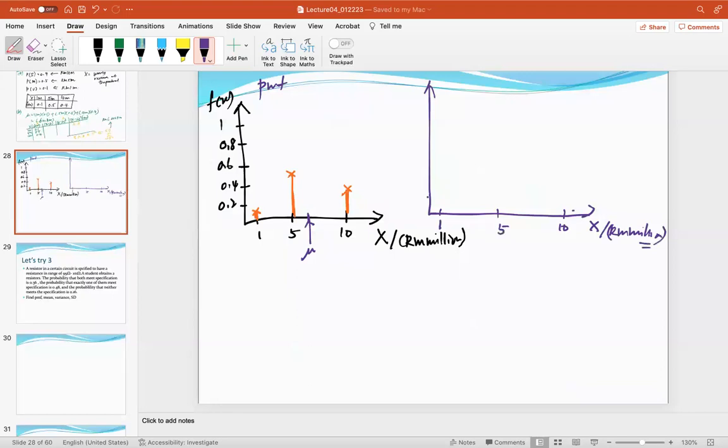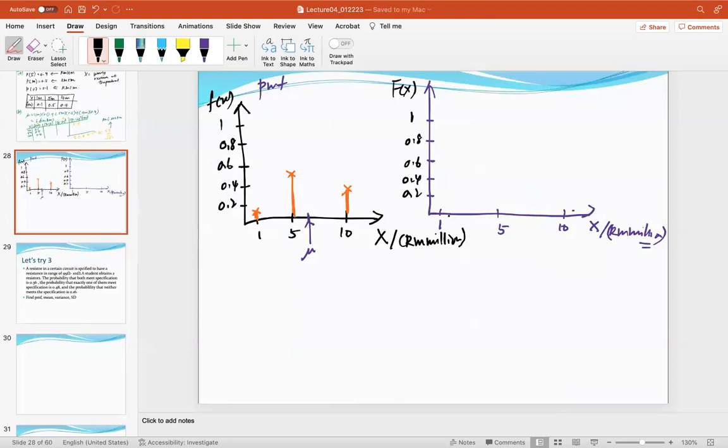Same thing, for the fx we still use the same y-axis. Be careful, this is cumulative. So the total is still 1, 0.2, 0.4, 0.6, 0.8.